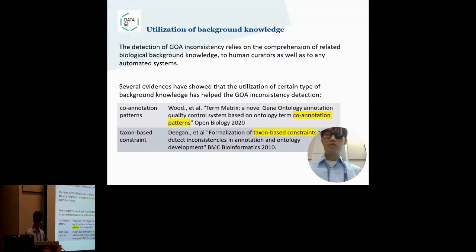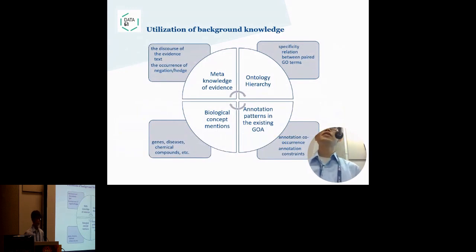And also, there is no study trying to answer how this kind of information can be specifically integrated to detect a literature-based inconsistency. So in our study, we conducted a systematic investigation into the utilization of background knowledge. These are formed in 4 categories, but today I will introduce one of them, which is the existing annotation pattern, or annotation co-occurrence.